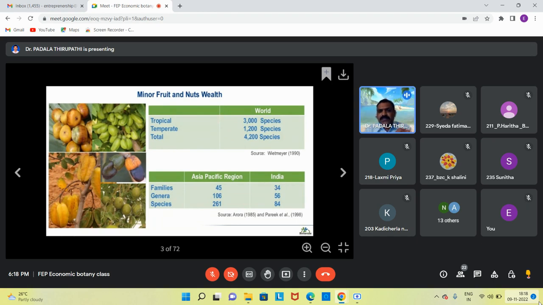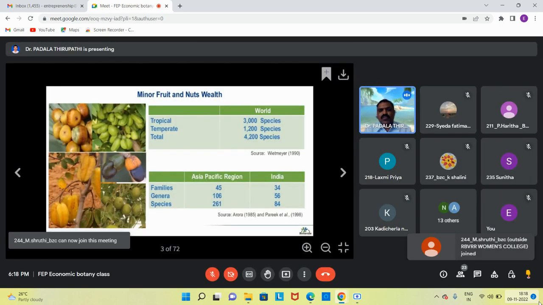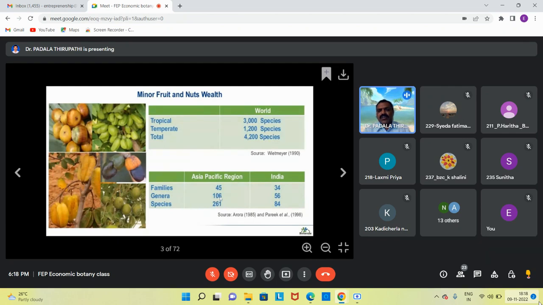Among these 3,000 species, in our India only 34 families are cultivated. And among the genera, only 106 genera are known in the Asia Pacific region, and in our India only 56 genera. Species in the Asia Pacific region number 261, and in India only 84 species.